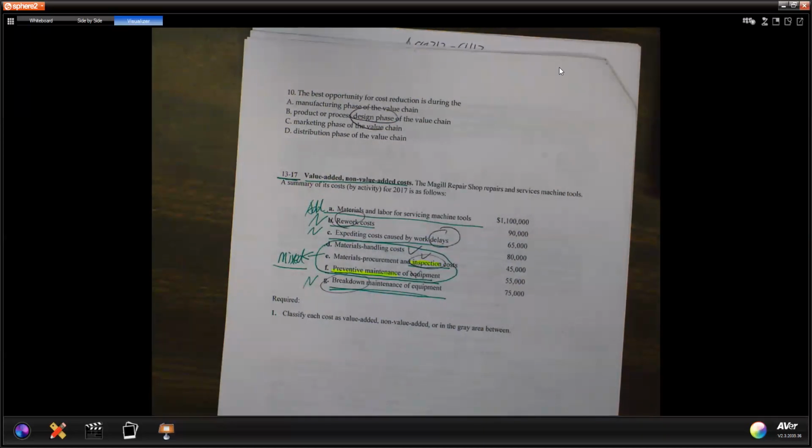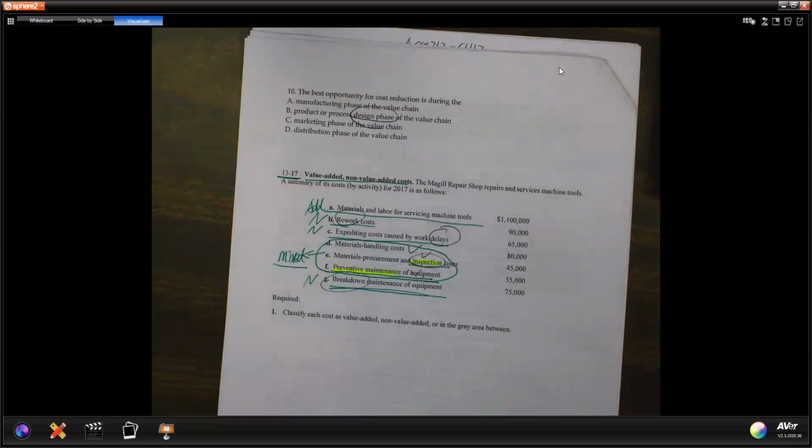But if your products were not that good, and you do inspection and can find the bad ones from the good ones, then that inspection is value added. So it depends on the specific situation.